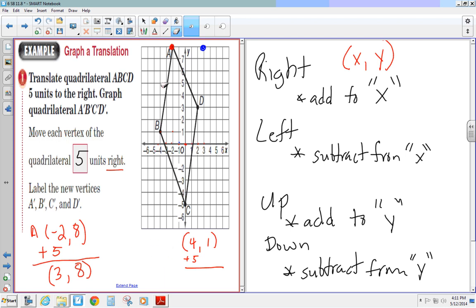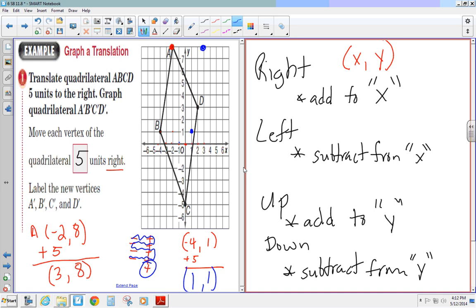So adding negative 4 and 5, as I cancel out some of these, it tells me that there's 1 positive left. So 1, 1 is my new point for B. Now, that's if you're given a point, okay?